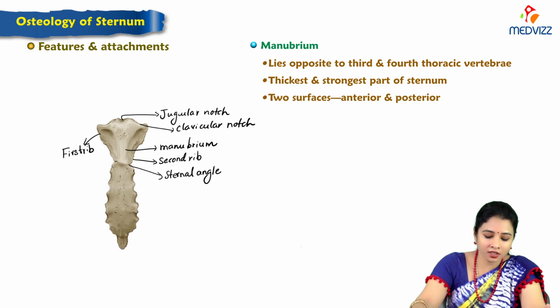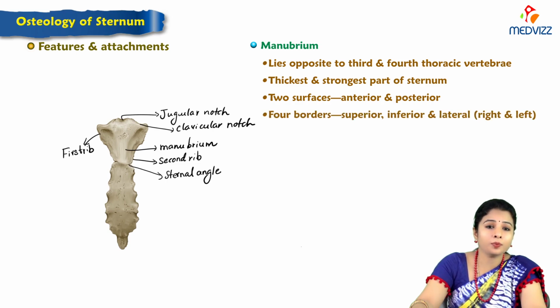Let's see the external features of the manubrium sterni, where there are two surfaces, anterior and posterior, and the manubrium has four borders: superior border, inferior border, and right and left lateral borders.